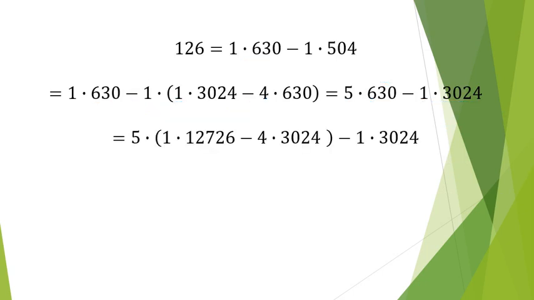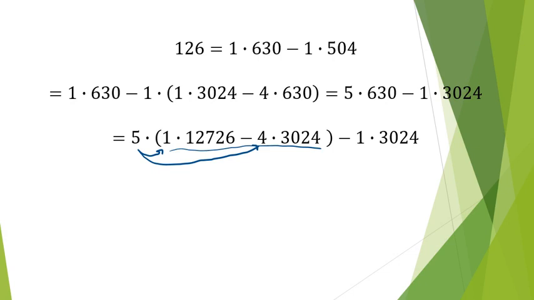When I do that, we see that this is exactly what 630 was, and then everything else is the same. I still have the 5 out front minus the 1 times the 3024. Once again, I'm going to multiply the 5 into each of the numbers out front, and only the numbers out front here. I'm not going to multiply it into the 12,726 or the 3024.